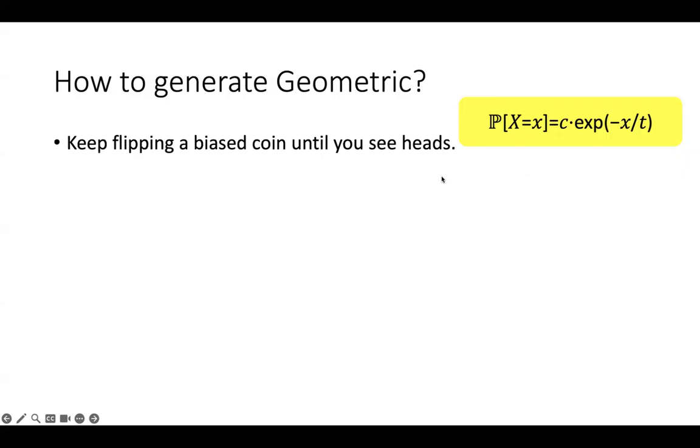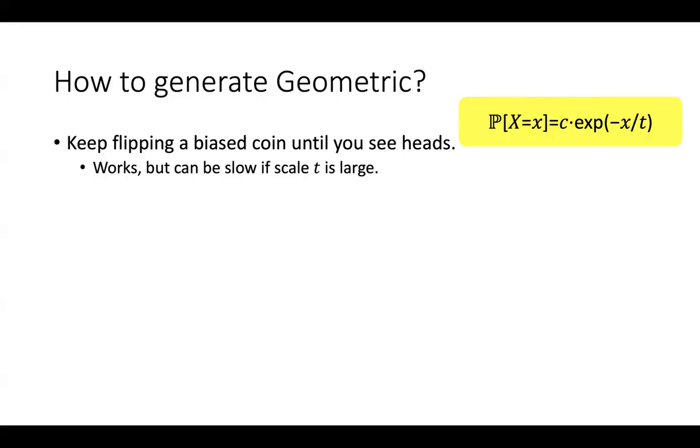The simplest algorithm for sampling a geometric is just to keep flipping a coin until you see a heads. That's going to generate a geometric with parameter t equals 1. Oh, sorry, t equals 1 over log 2, to be precise. If you bias the coin, you're going to get the appropriate geometric distribution.